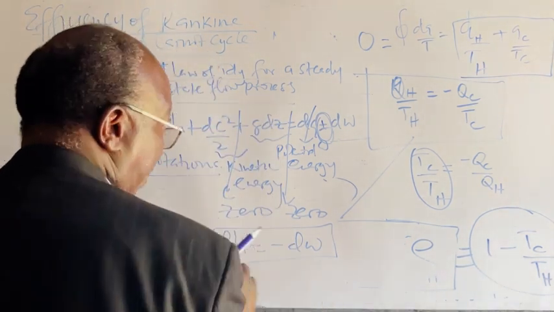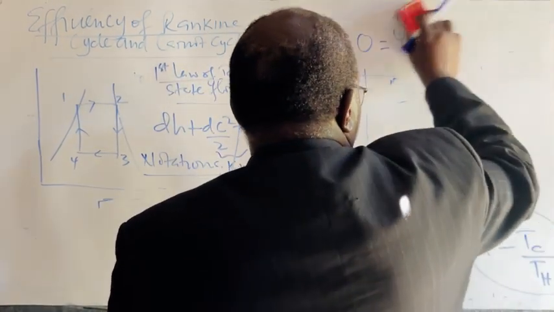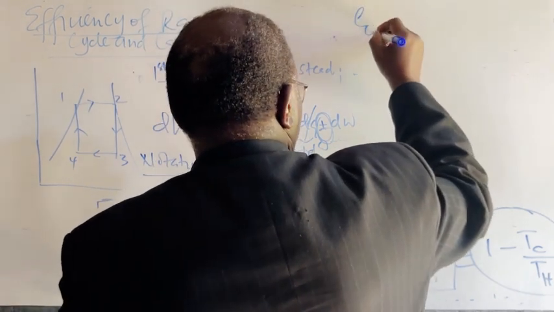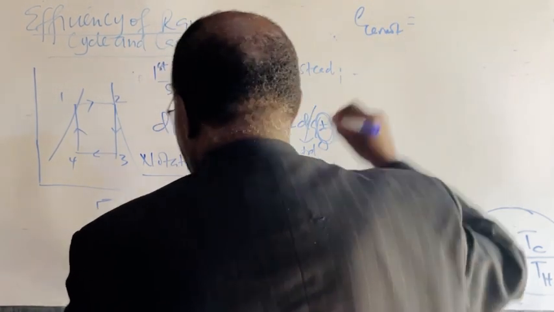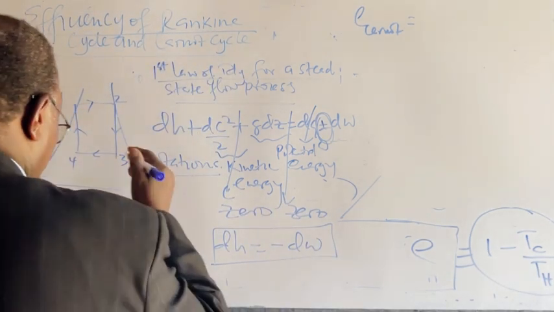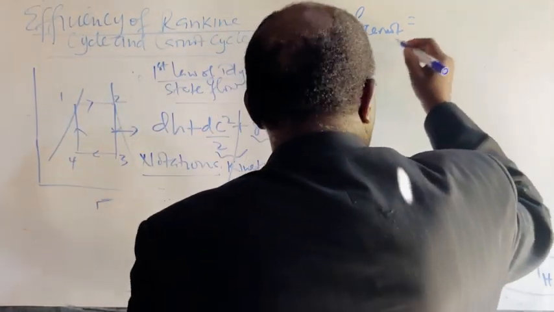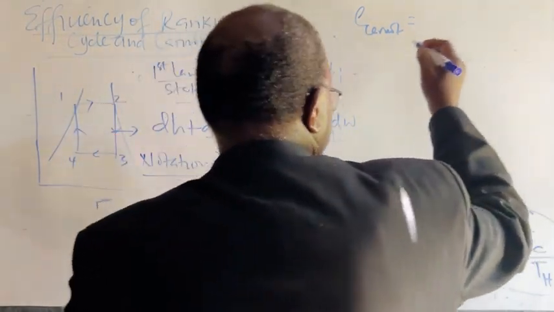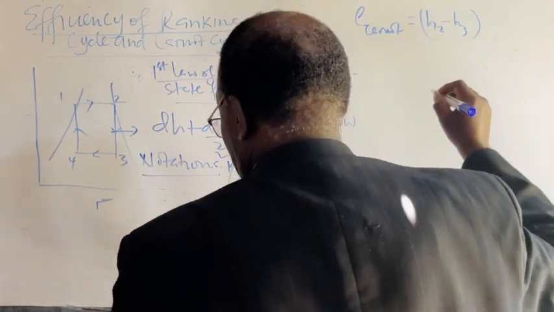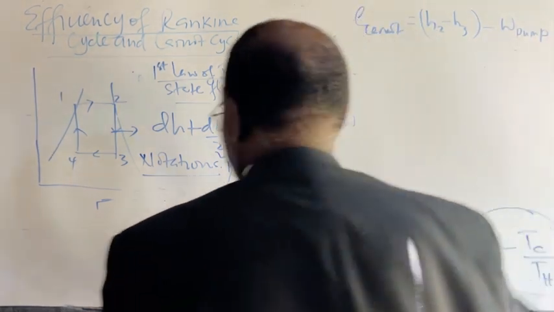So when we are talking about efficiency, the Carnot modified efficiency is output over input. This is the turbine, and the output there is H2 minus H3, minus W inputted on the pump.